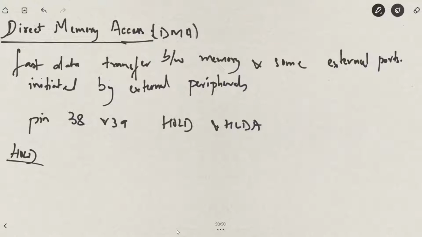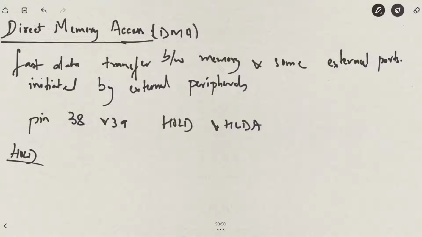Whenever an external device is requesting the use of the address and data buses of the microprocessor, HOLD will be activated. After receiving the request from the external device regarding the use of the address and data bus, the microprocessor transfers the address bus and the data bus to the external device in the next machine cycle.